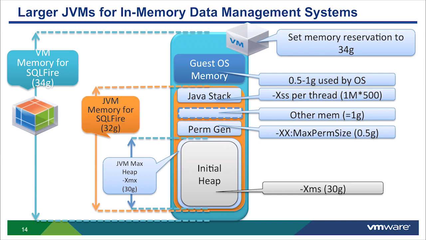Now, why 30 gig, right? It turns out that between 0 to 4 gig, when you move from a 32-bit JVM to a 64-bit JVM, there's pointer compression going on, because a 32-bit pointer is essentially half the size of a 64-bit pointer.